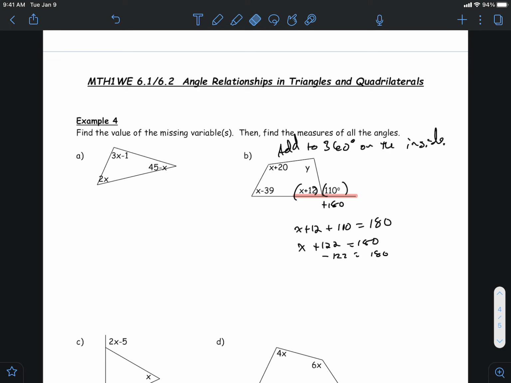Sorry. 180, take away 122. That creates a 0 pair there, which we're all familiar with at this point. And so X is going to equal 180, take away 122. What's that? Do we know what that is?